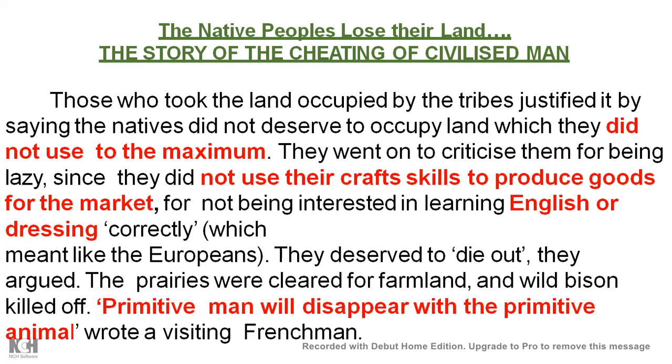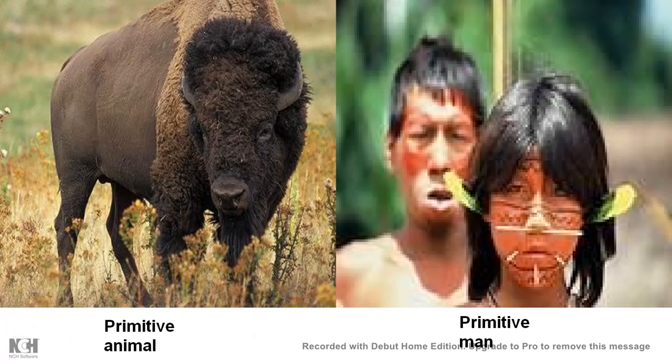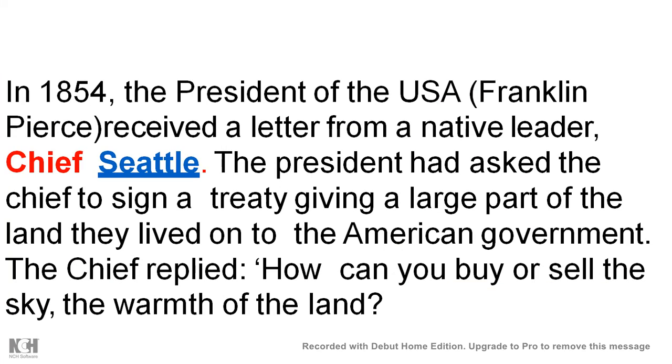That was written by a visiting Frenchman at that time. So all the primitive people and the primitive animals disappeared from the prairie grassland area. Now here you see in this picture the primitive animal, the wild bison, and the primitive people, the tribal people, who disappeared.